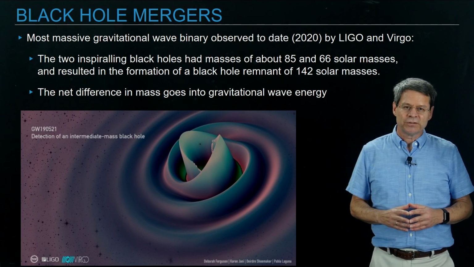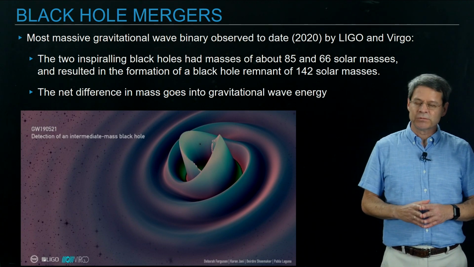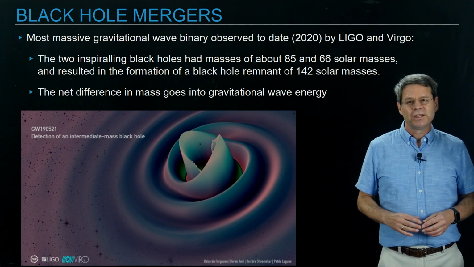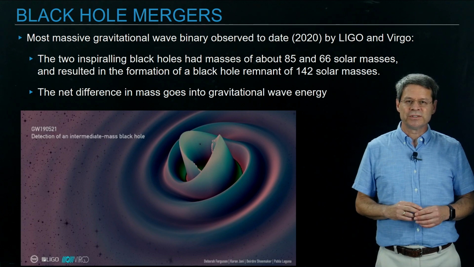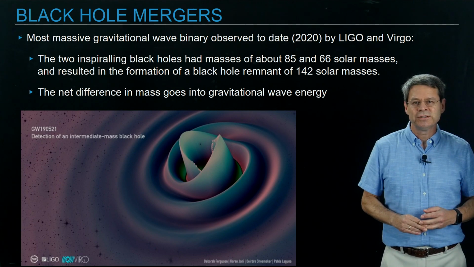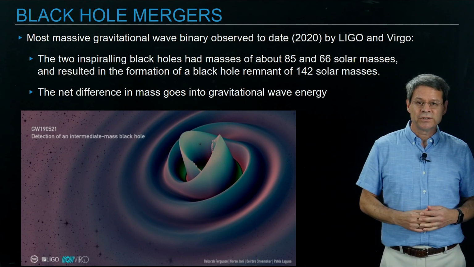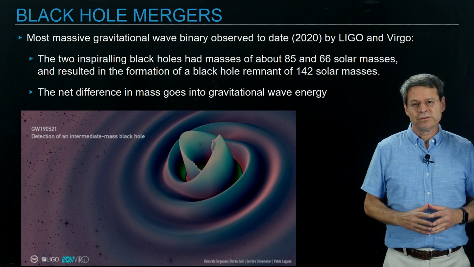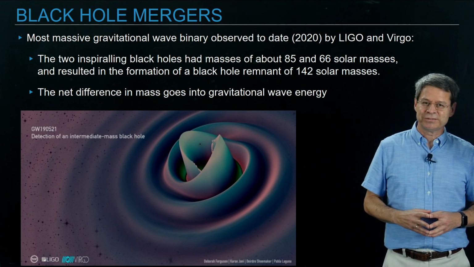Now, since then, there have been multiple confirmations of colliding objects in accord with the general theory of relativity. And the most massive gravitational wave binary observed to date, meaning in the year 2020, by LIGO and Virgo is this one. It was two inspiraling black holes, that's what's been inferred, one of which had a mass of 85 solar masses and the other 66 solar masses.